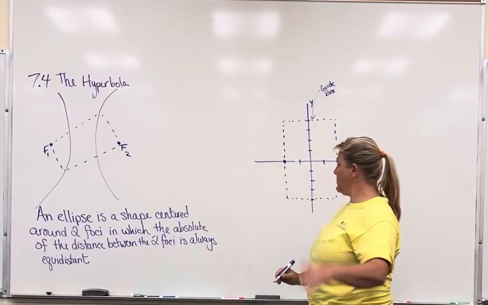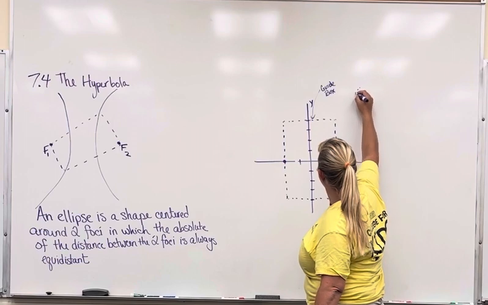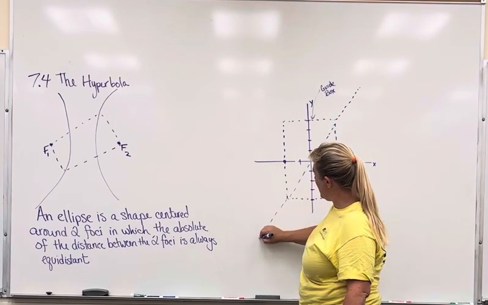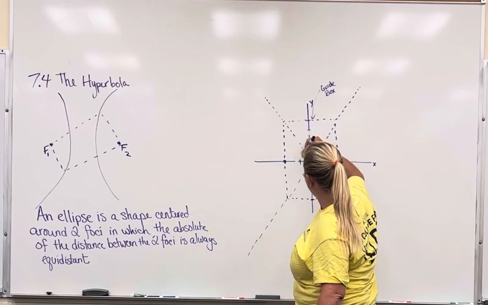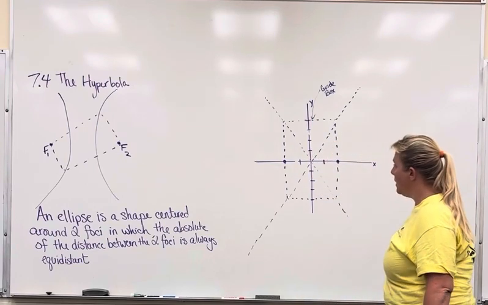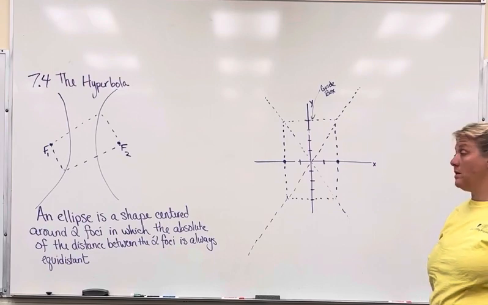And then what we're gonna do is we're gonna draw the diagonals through the box. So we have a diagonal that comes all the way down through the box this way, and we have the diagonal line that comes all the way down the box going this way, okay? Now, all of that is dashed in because none of that is actually our graph yet.